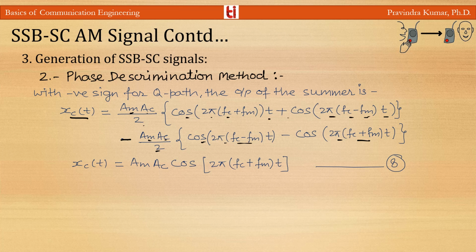So this output will be Am Ac cos 2 pi (fc plus fm) t. So by choosing opposite polarity of in phase and quadrature phase, we will get the SSB-SC signal with upper sideband.